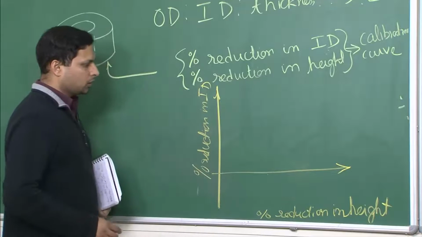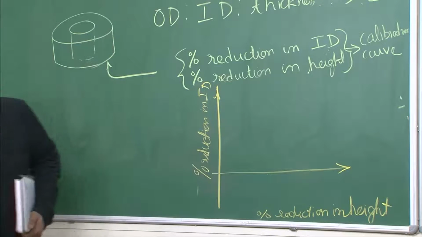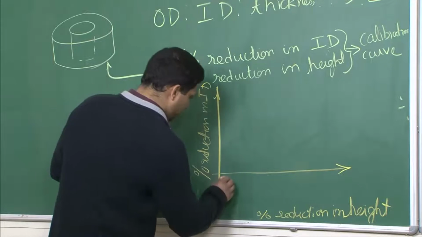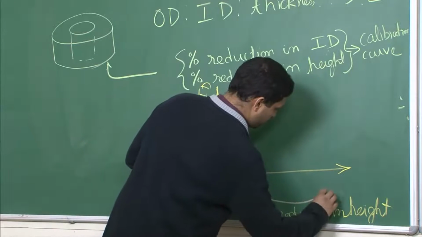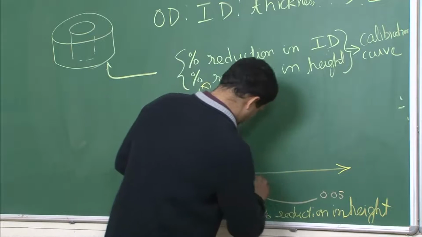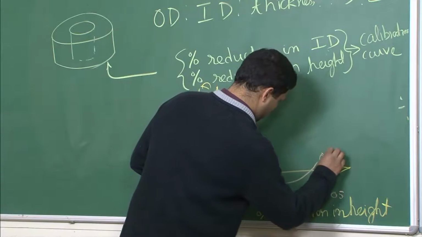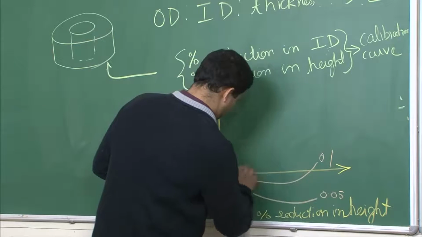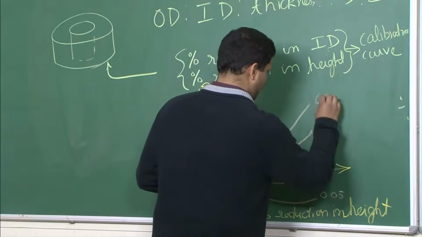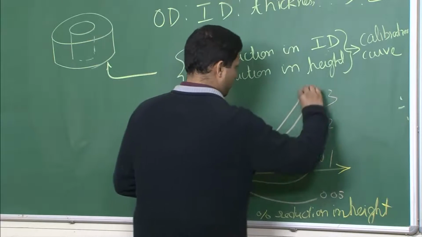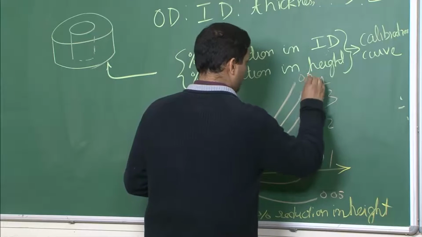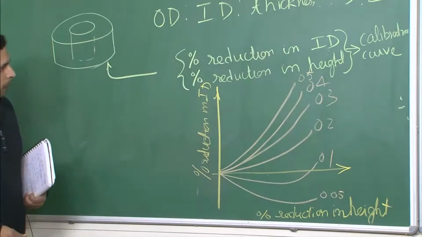So, this is the x and y axis. Now, it has plots something like this, and so on.